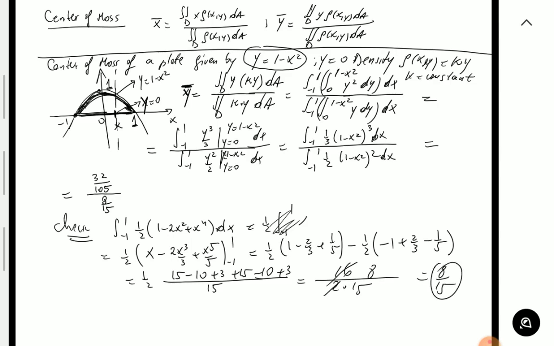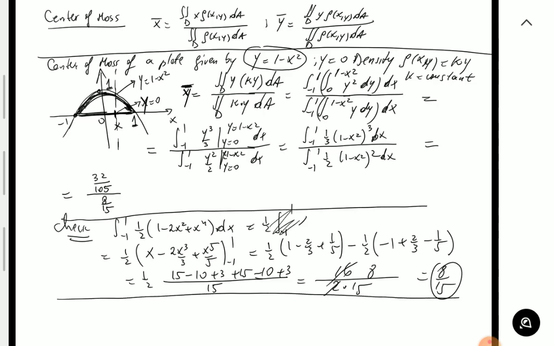Can cancel by 2, and that's 8 over 15. Okay, so going all the way back to the y bar, like I said, just take it for granted that the top is 32 over 105. And if we simplify this a little bit further, it simplifies by 4, this by 5, and you're left with 3 on the top, because you simplify by 5.